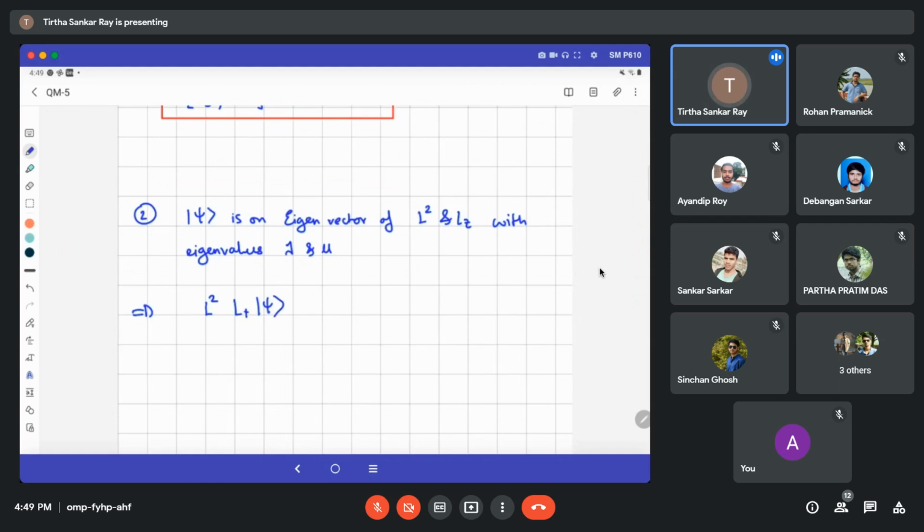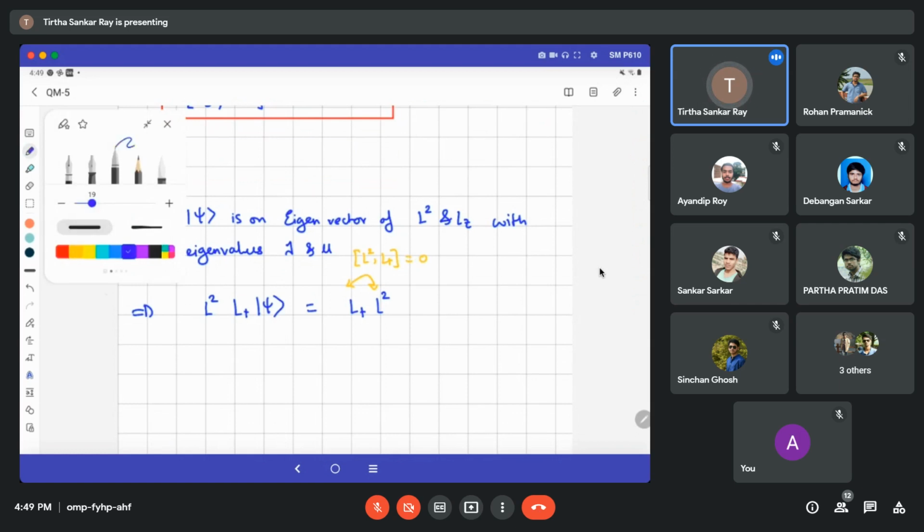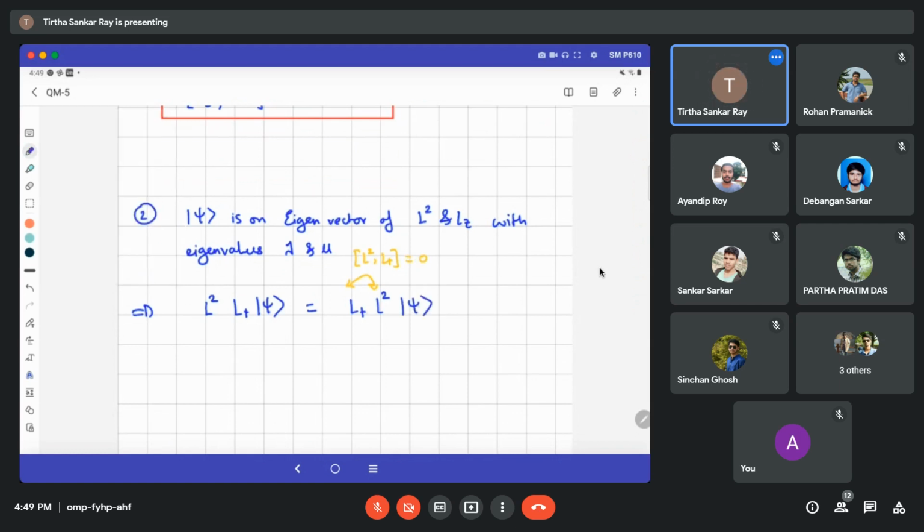We know that L square and L plus commute, so you can just exchange the L plus and L square and nothing should happen. This happens because L square comma L plus is 0. But I have already said psi is an eigenstate of L square with an eigenvalue lambda. So this is equal to lambda times L plus times psi.